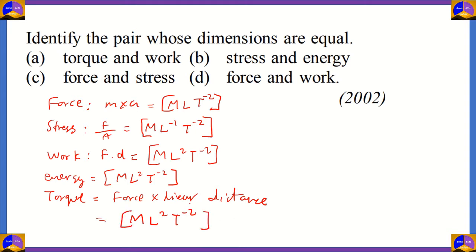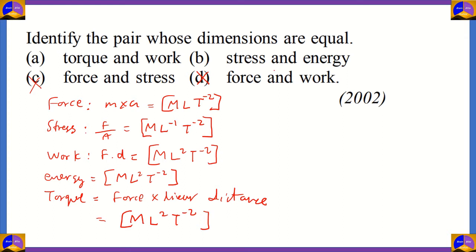So these are the dimensional formulas of the 5 quantities. So if you look at option D, which is force and work, they have different dimensional formulas, so option D is incorrect. Option C, force and stress, also has the same problem. Force and stress do not have the same dimensional formula.